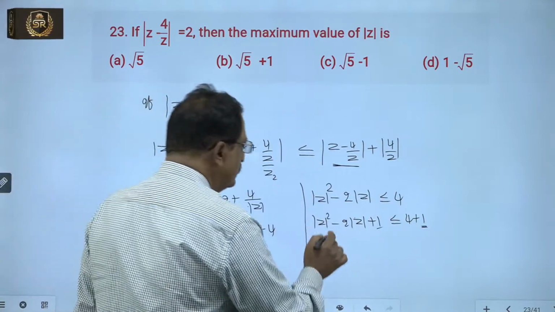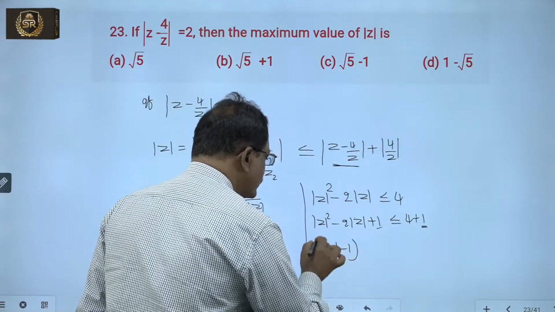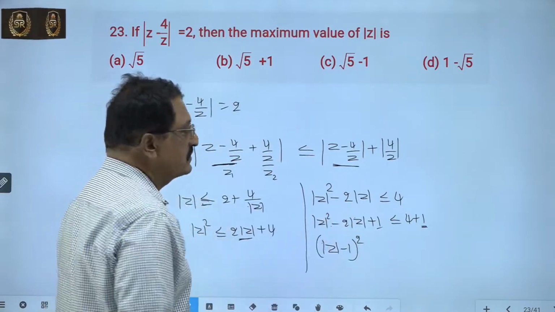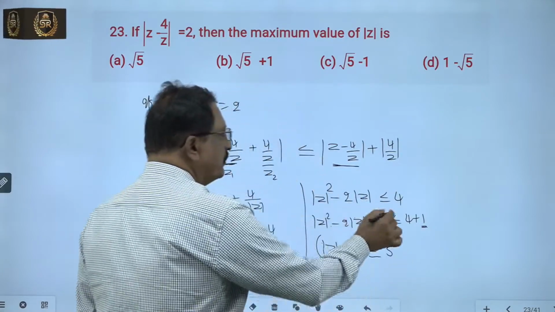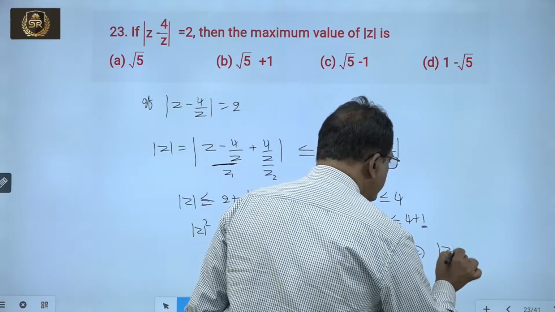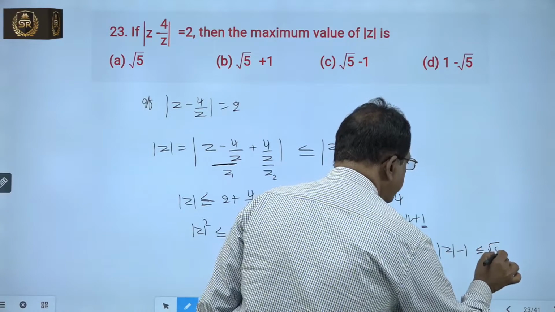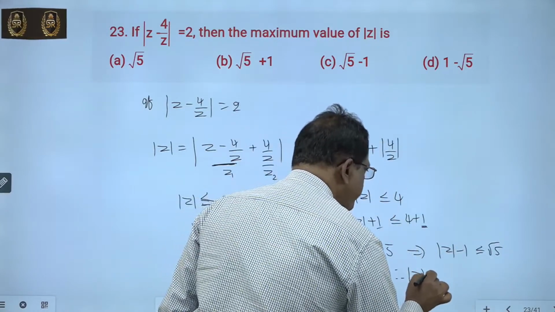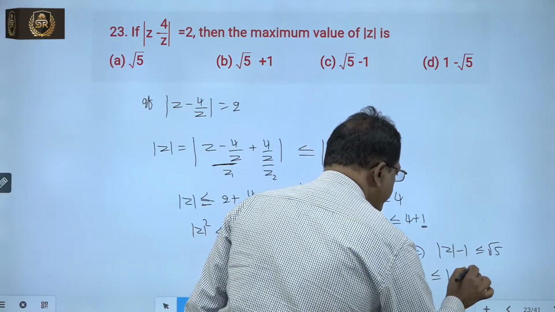Now the left side is (|z| − 1)², in the a² − 2ab + b² form. It is less than or equal to 5, 4 plus 1 is 5, which implies |z| − 1 is less than or equal to √5. Taking the 1 to the right side, therefore |z| is less than or equal to 1 + √5.